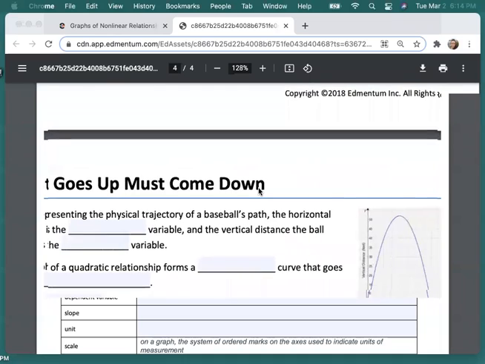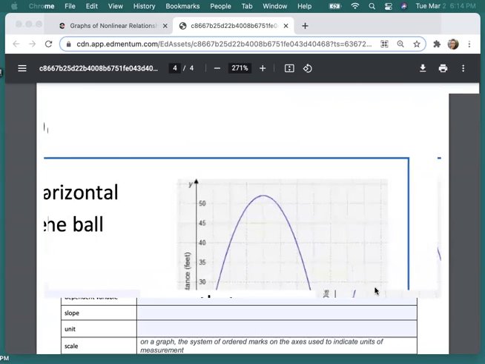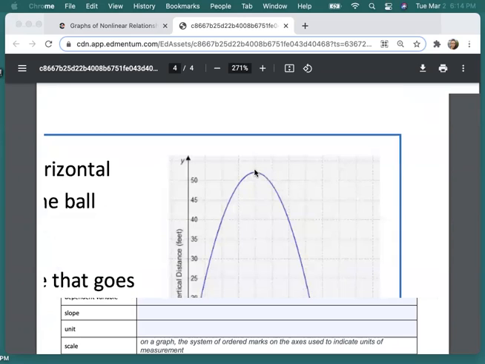Okay, that's better. So here is an example using a parabola and a baseball. Like if you throw a ball in the air, it'll go up and then it'll come down again. The vertex is the highest point of it. So the vertex is right here.